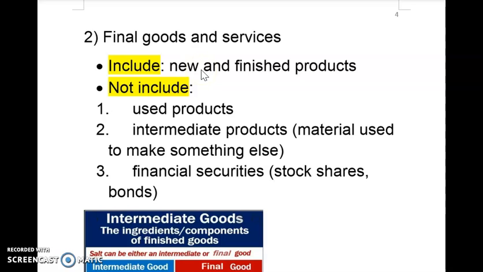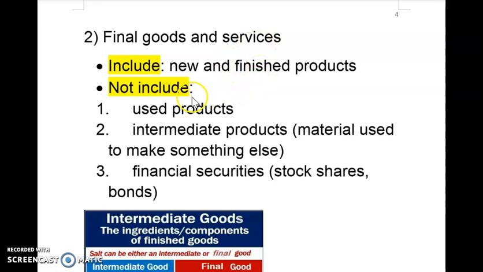New must be new in that particular year. For example, if we are calculating GDP for year 2020, then all of the goods and services, as long as they're final, produced in 2020 will be in that year's GDP. So goods produced within the same period of time will be considered as new. This is what final goods and services means.